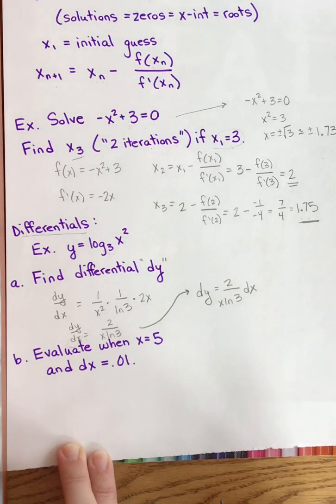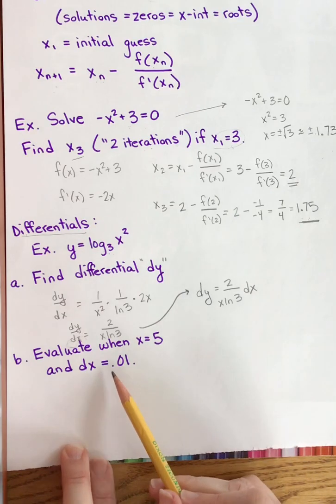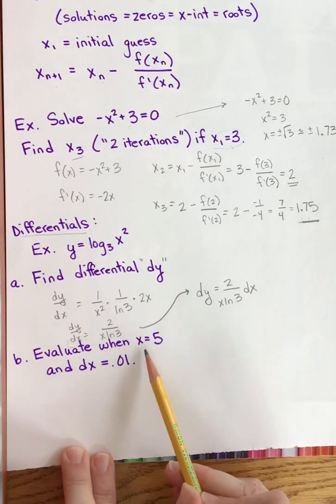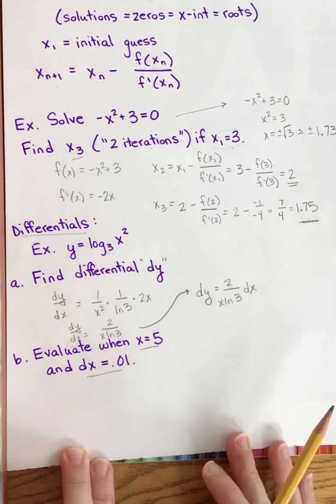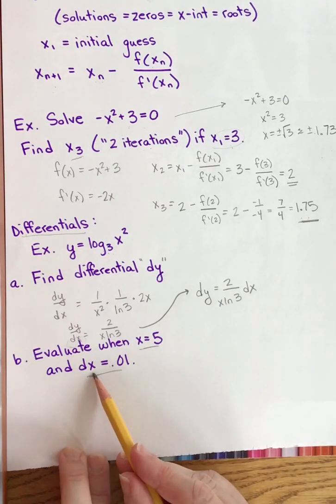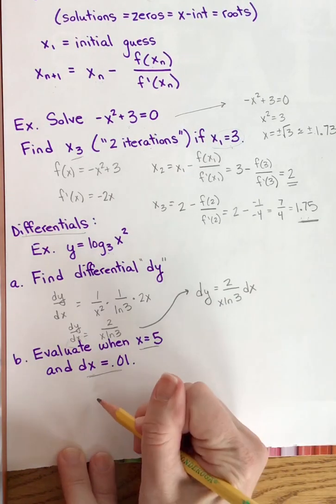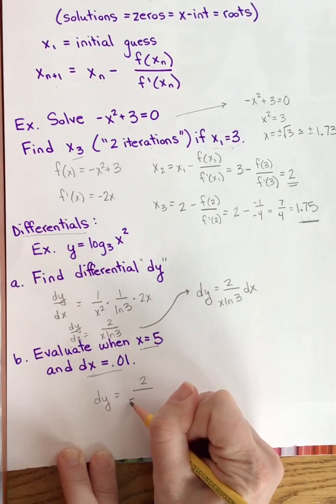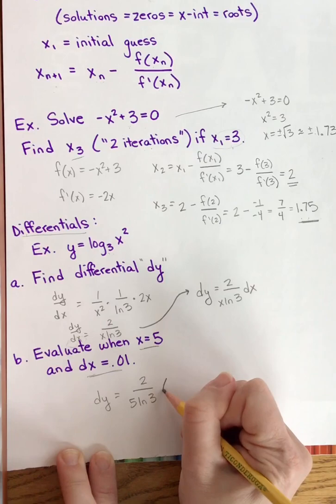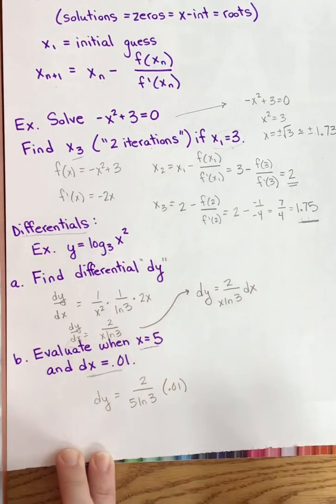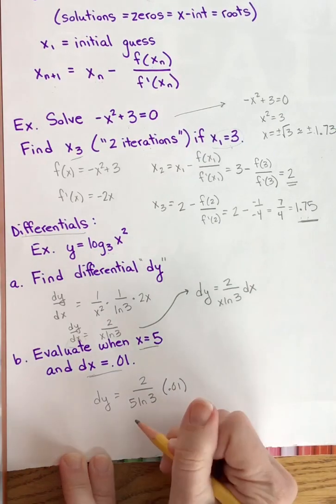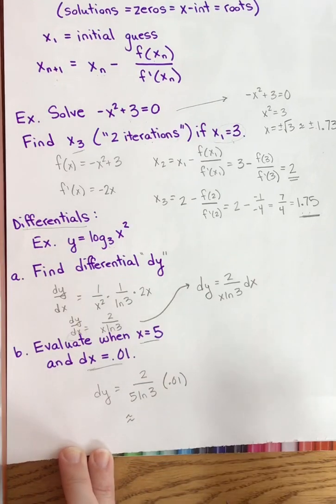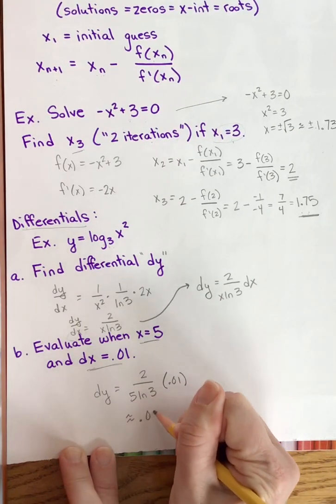It's as simple as that. Last but not least, friends, I can evaluate, given some information about x and the change. This is really the change in x, the width. So my differential would be 2 over 5 natural log of 3 times 0.01. Again, we're going to round to 3 decimal places unless otherwise specified, and I get a value of 0.004.